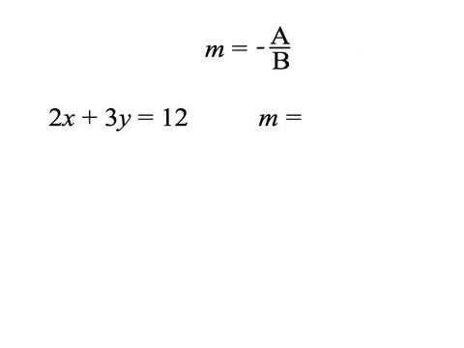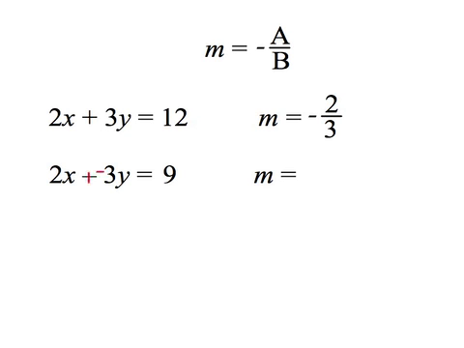Let's take a look at a couple of examples. 2x plus 3y equals 12. A is 2, B is 3. That's 2/3, and the opposite, of course, would be negative 2/3. Another example, a similar equation, but not the same. 2x take away 3y equals 9. A is 2, B is negative 3.